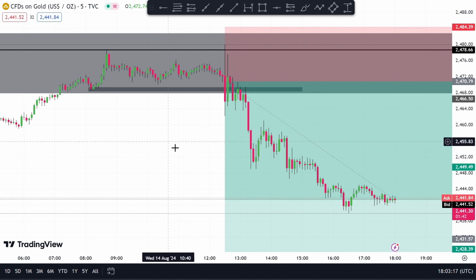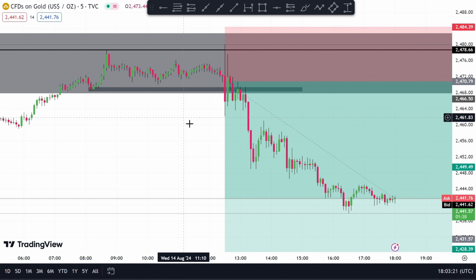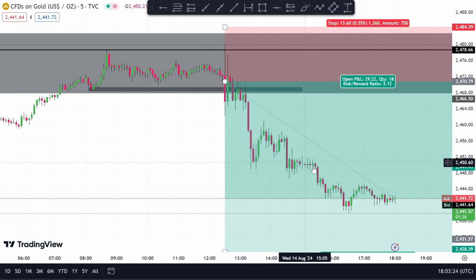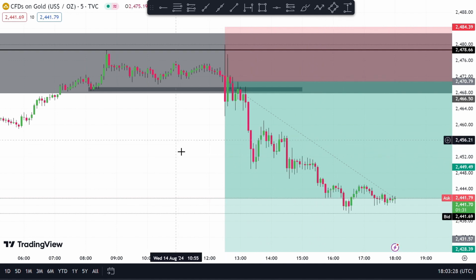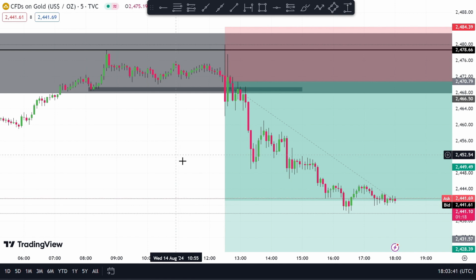Okay, the reason why I did not do this video when price was at this point was because I was busy doing something. I love this thing that I built by myself to set and forget. I only look at the chart once in a while after taking my trade, so I just come look at the chart and just leave.